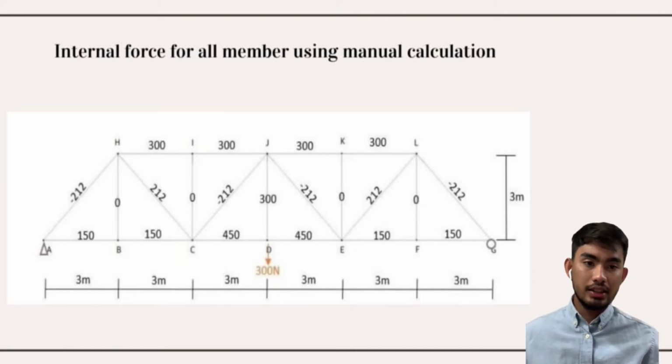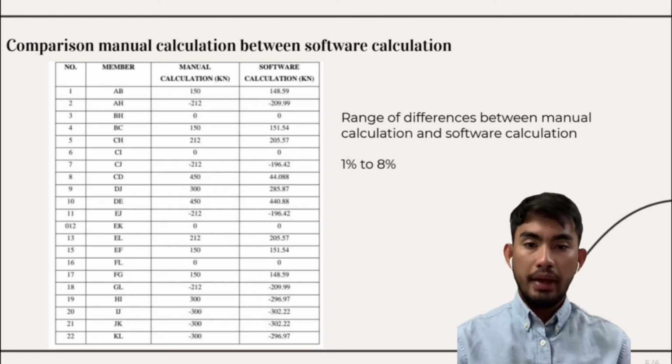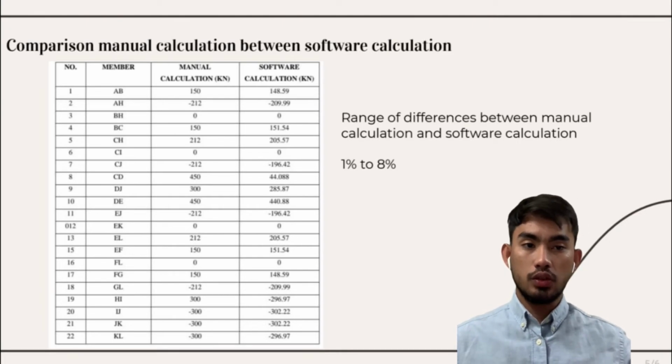So what we can see here, all members have their own value, and certain members have zero internal force. And for the last, what we should do is make a comparison between the manual calculation and the software calculation.